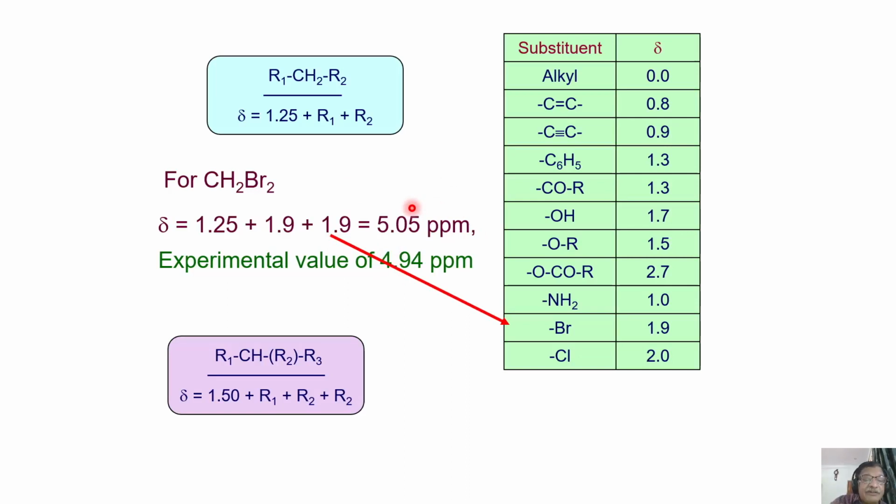This is the predicted value. In experiment, when they really did it, they found the value to be 4.94. Yes, there is a 0.1 ppm difference, but look at the nearness of the predicted value.